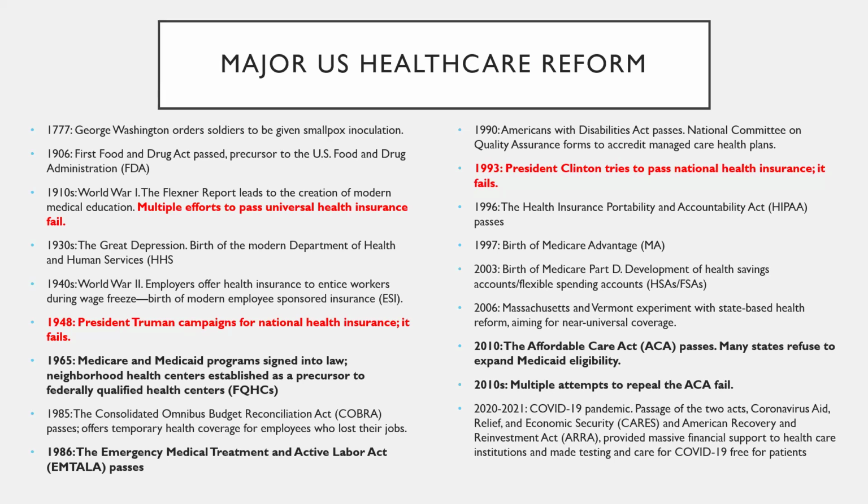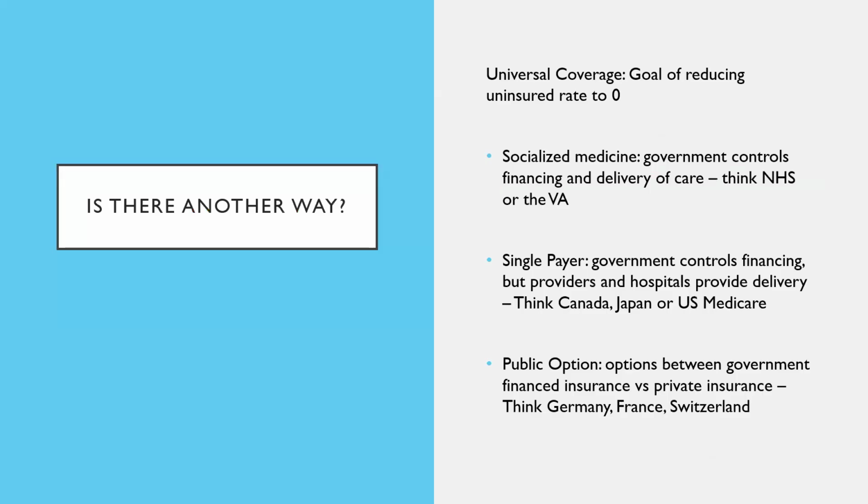The ones I've highlighted in red are all the instances where there have been big pushes to enact a national health insurance and it's failed. You can see the Affordable Care Act down there on the right, a lot of which was dismantled in the following presidential term.